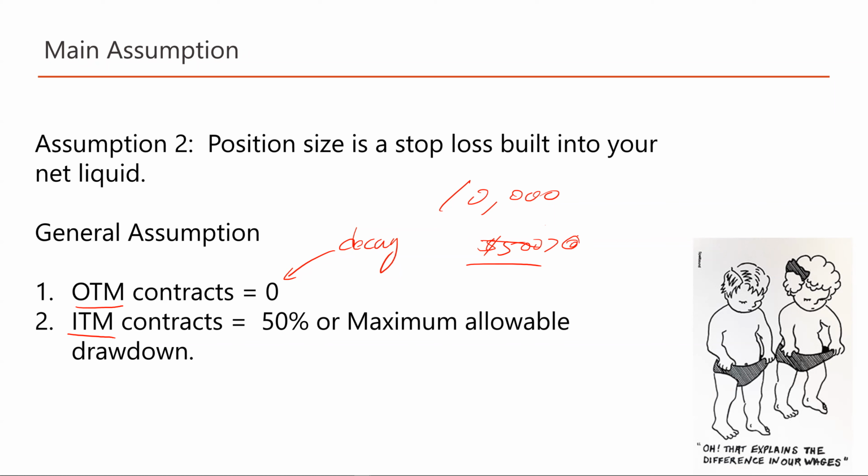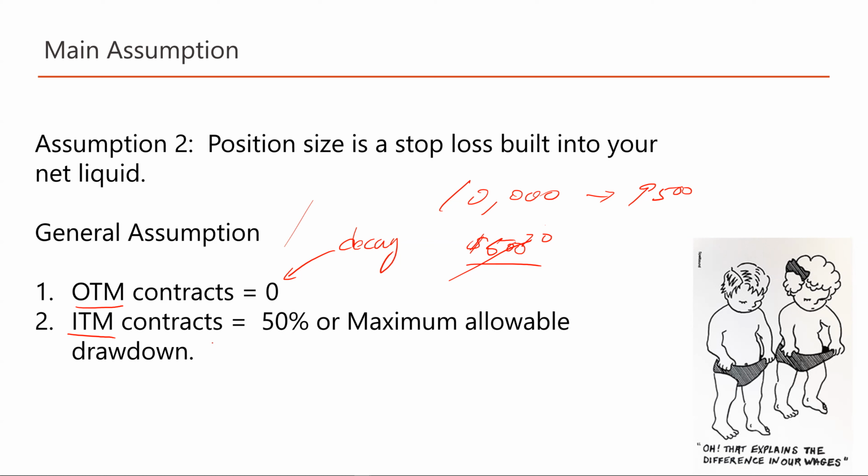But with that position size, at least you've defined your risk. And if this goes to zero, then your balance turns into 9,500, which is pretty reasonable when you're dealing with options. A drawdown of $500 on a $10,000 account is not that bad at all. Okay, especially when the returns on a position can go up to like 10x.